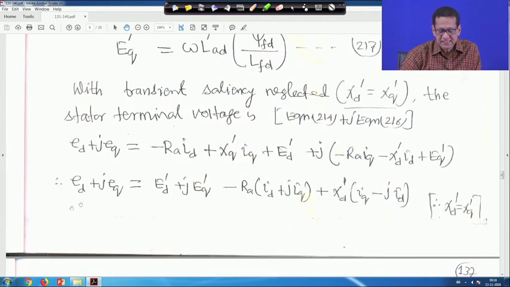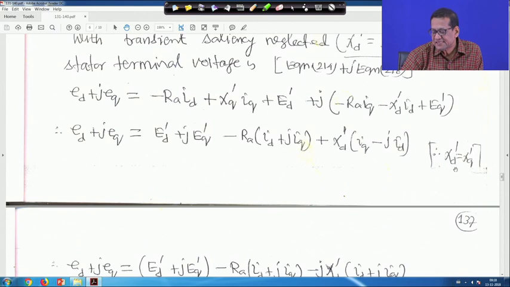So, this equation can be written as E d plus j E q is equal to capital E d dash plus j capital E q dash, minus R A I d plus j I q, plus x d dash in bracket I q minus j I d. We have assumed that saliency is neglected, so x d dash is equal to x q dash.